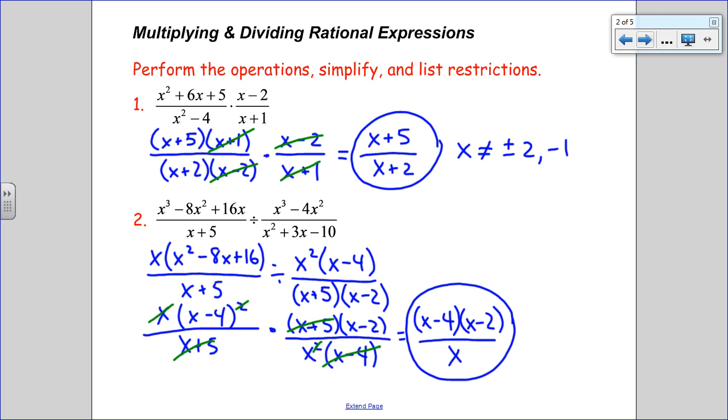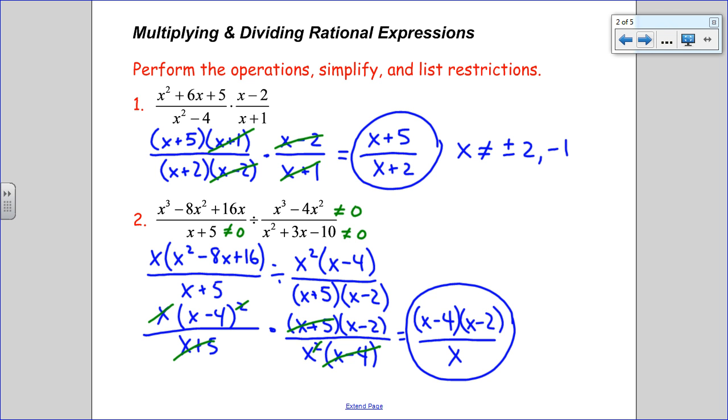Now we need to be careful when identifying restrictions if division is involved, because in addition to the fact that the two denominators of our original rational expressions cannot equal 0, we also have to make sure that the numerator of our divisor is not equal to 0.